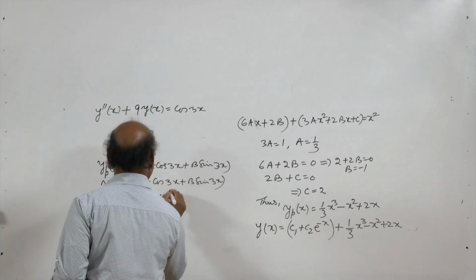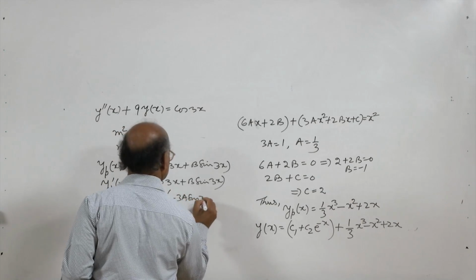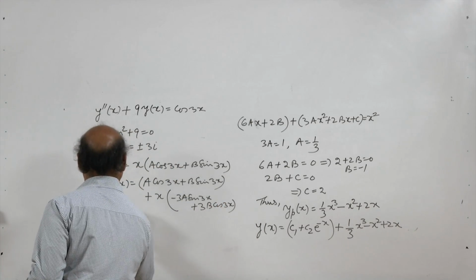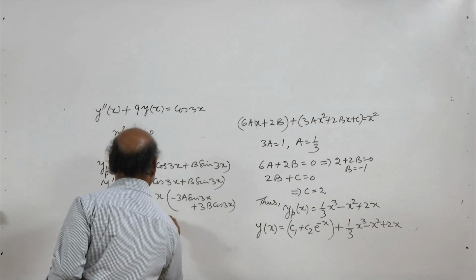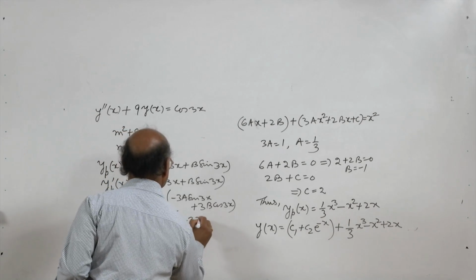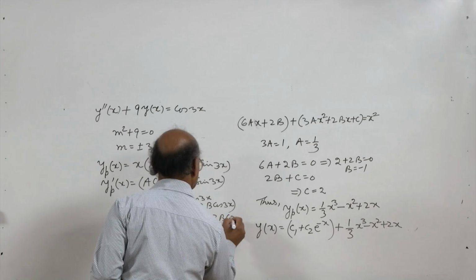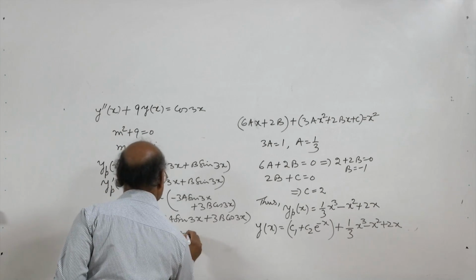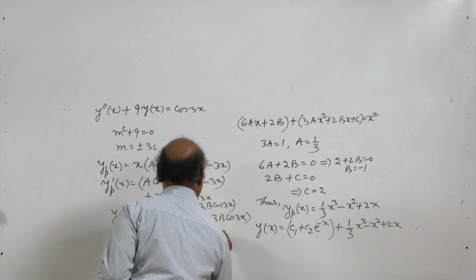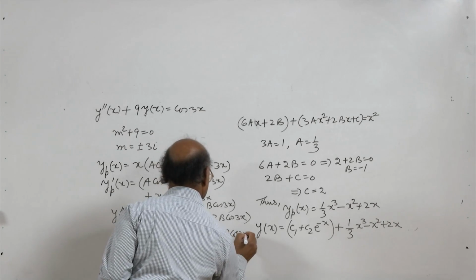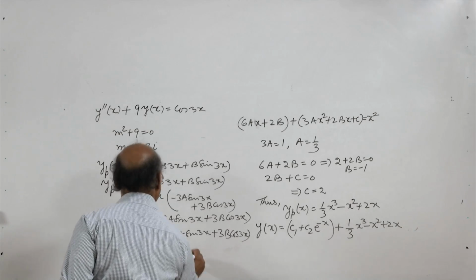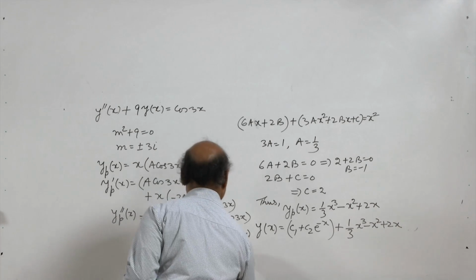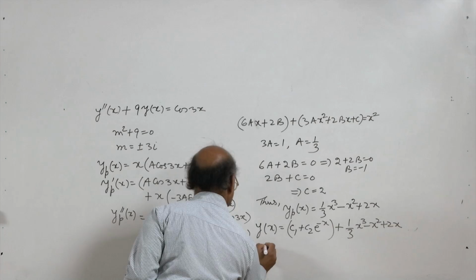plus x times minus 3a sin 3x plus 3b cos 3x, and then yp double dash x will be equal to minus 3a sin 3x plus 3b cos 3x plus minus 3a sin 3x plus 3b cos 3x, and then x times minus 9a cos 3x minus 9b sin 3x.